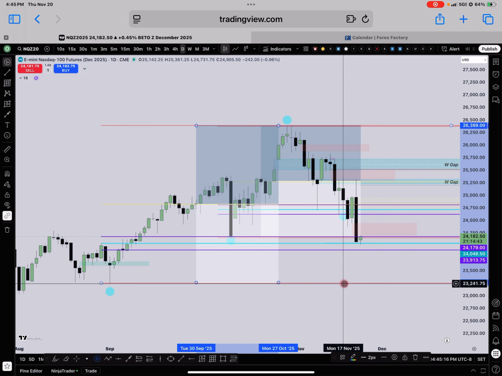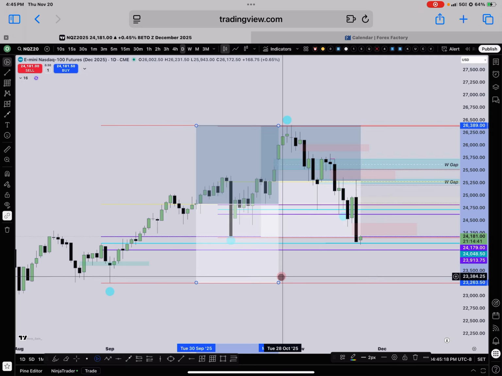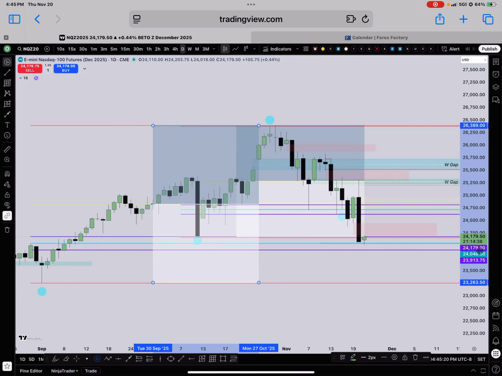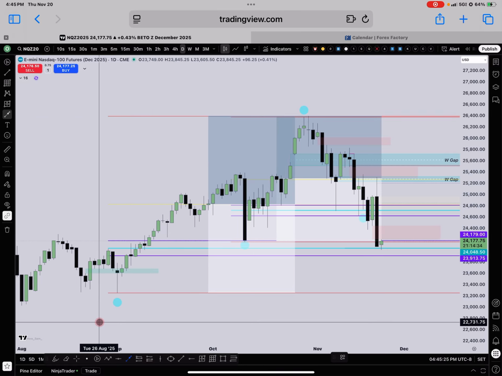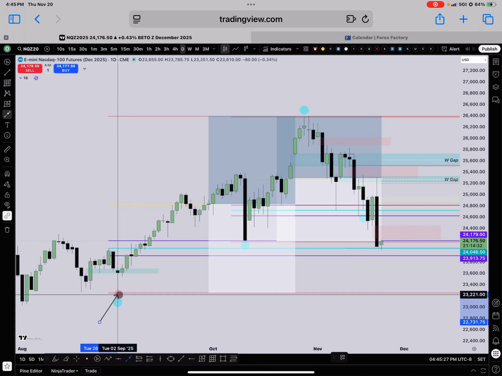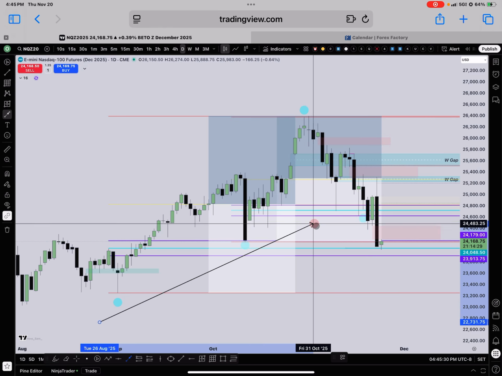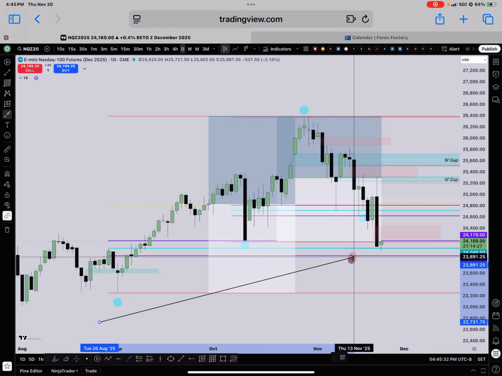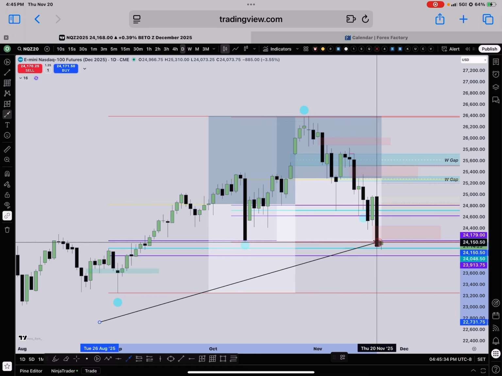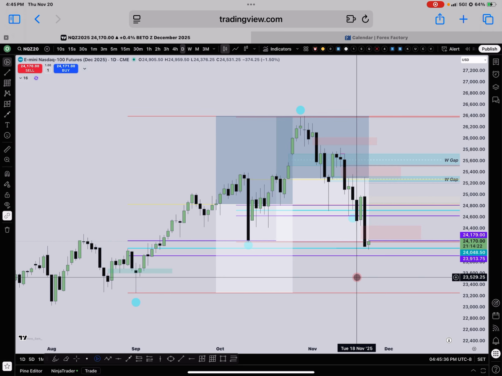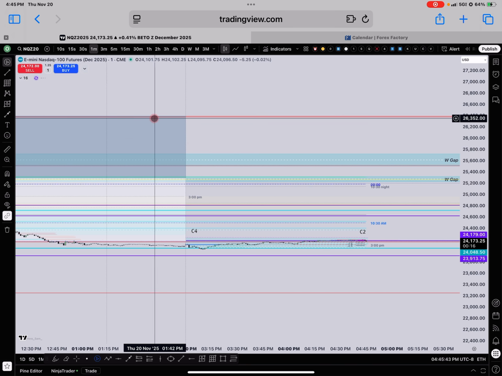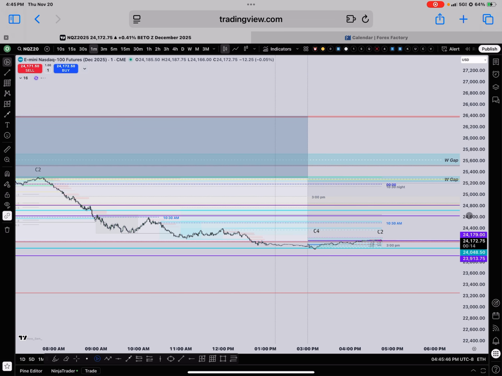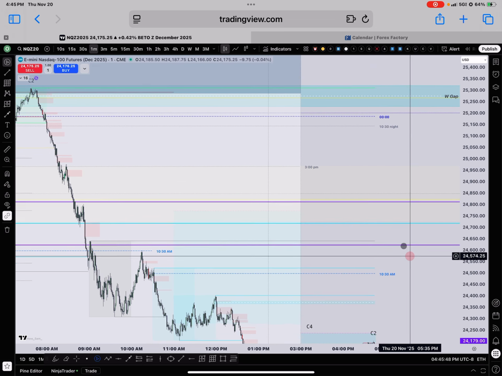But so far, from this range, this swing low to this swing high, we're in an OTE. We're in discount right here, like OTE. So I'm expecting price at least today, which will be Friday, to come up to here.